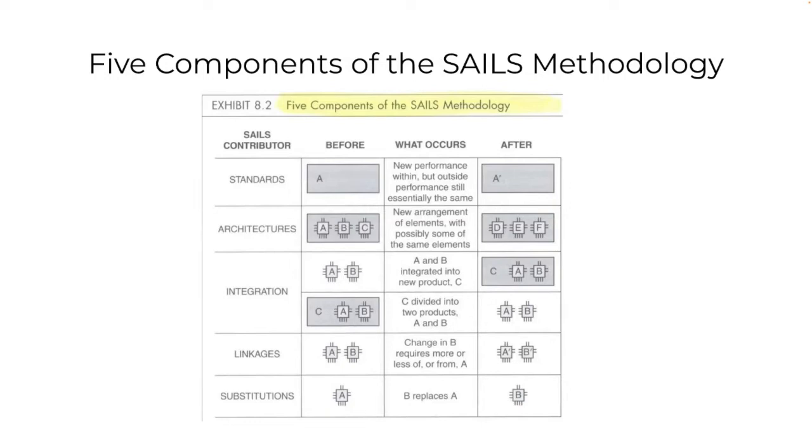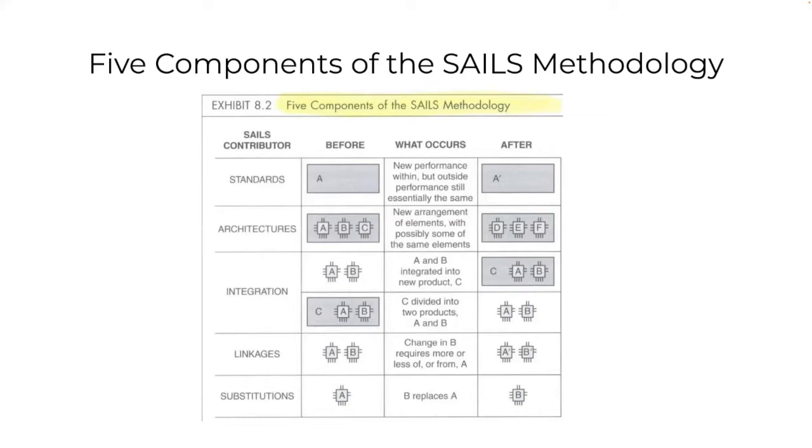So basically what we see is that the product or process life cycle is accompanied by the different stages of the sales, and that one stage is built on the second stage. So there are no linkages without a good integration. There is no good integration without good architectures, because basically what we have to concentrate on is that the patterns are the basic elements like Lego bricks, and their connections should be focused on in later phases.